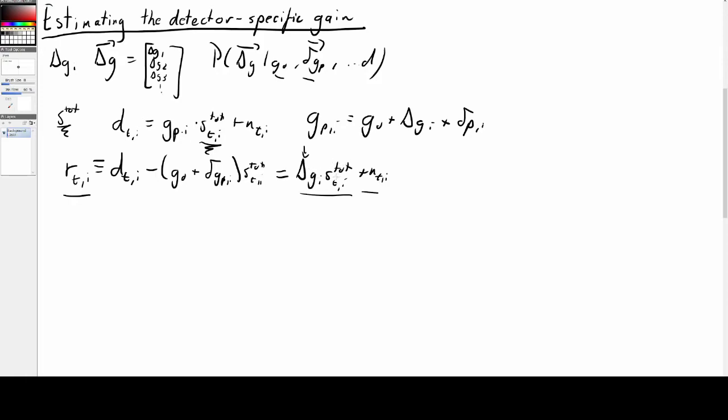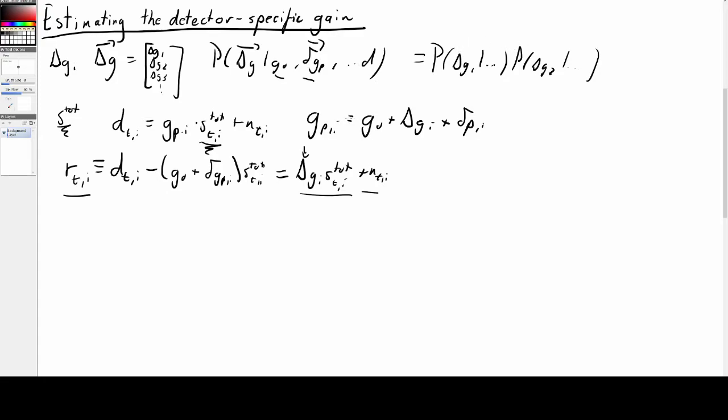So this we know how to solve. And if this was the whole story, this could be written as the factor of G_1 given everything, G_2 given everything, and so on. These would be independent.